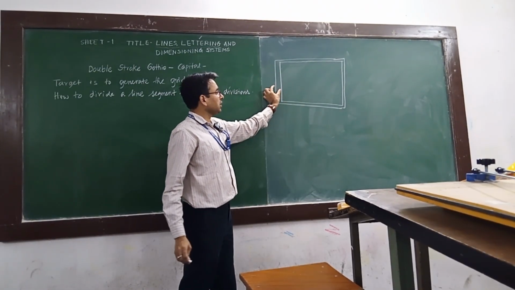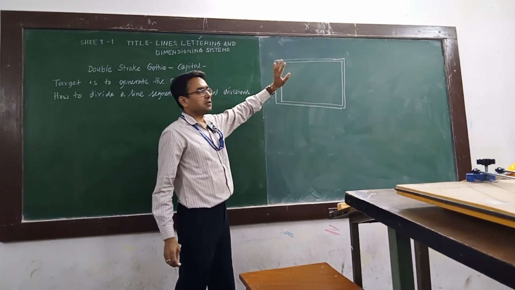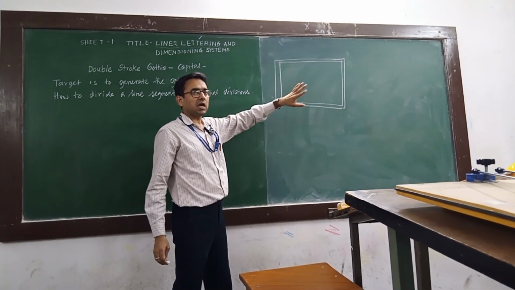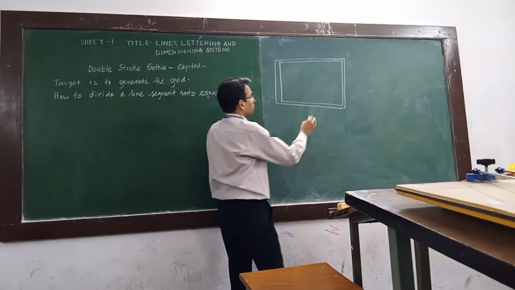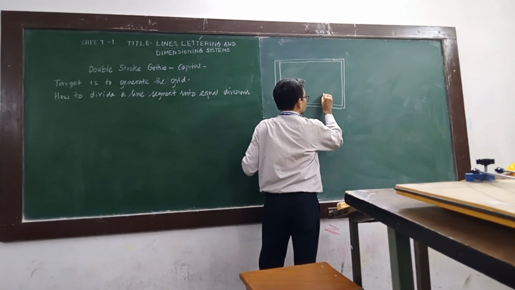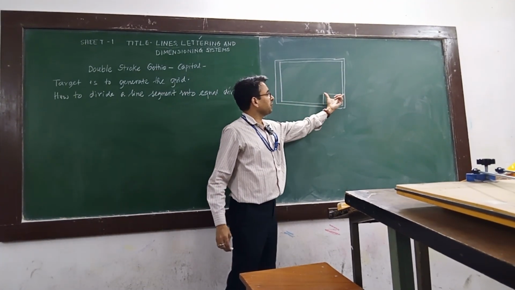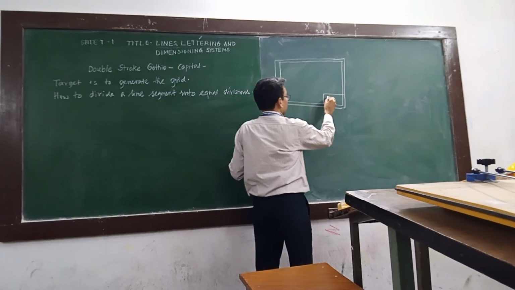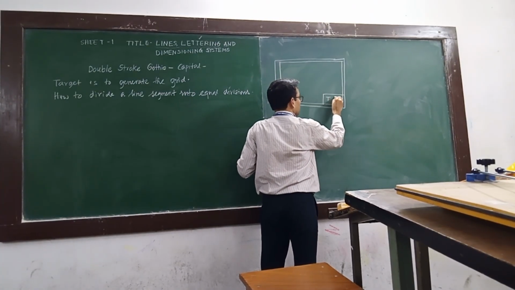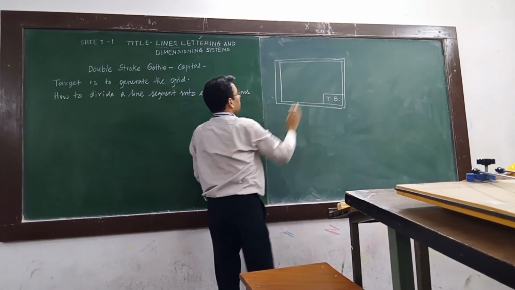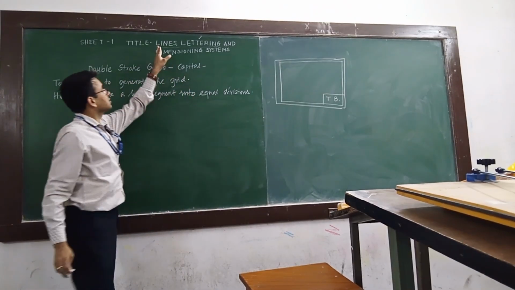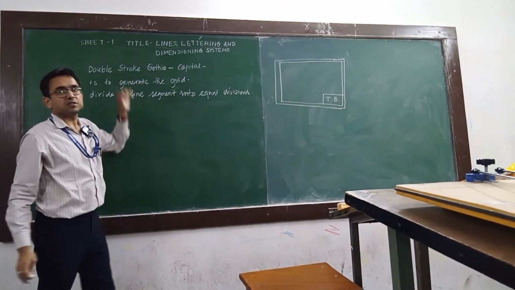This is of 20 mm and the remaining three are of 10 mm gap. Clear? Next, you have got a title block here of 60 by 150. Right? Title block you have already done. Next, in the remaining part you will draw lines, letterings, and dimensionings.